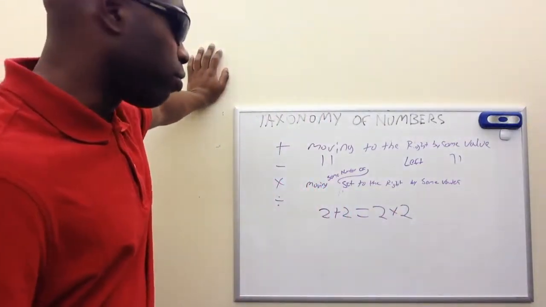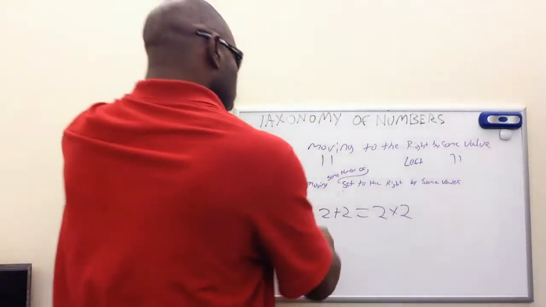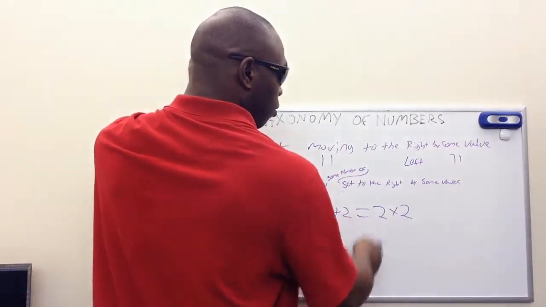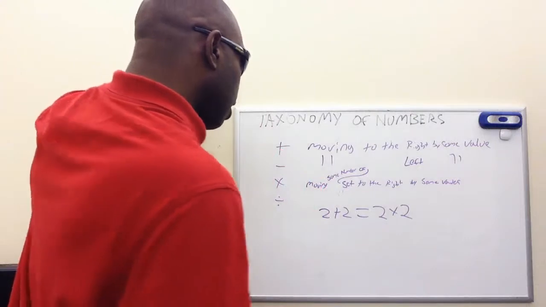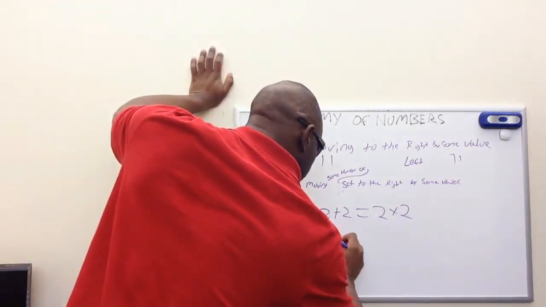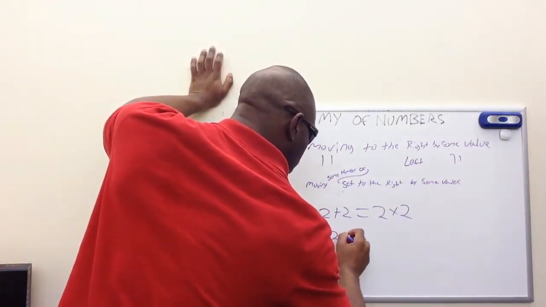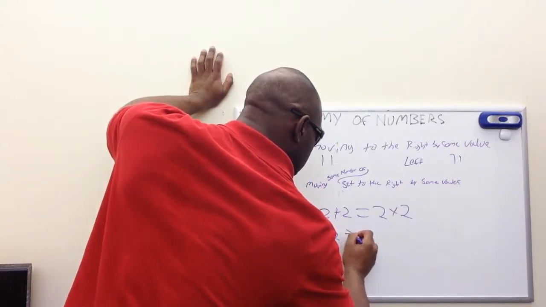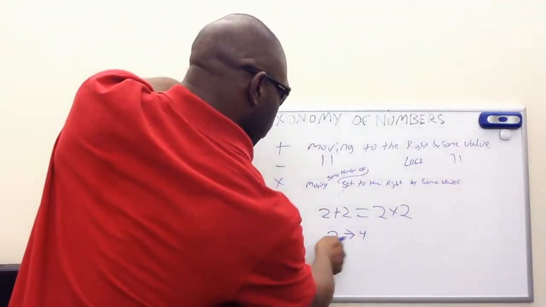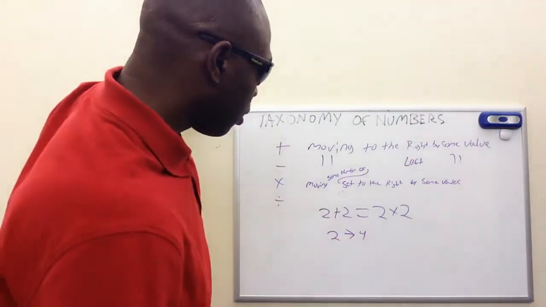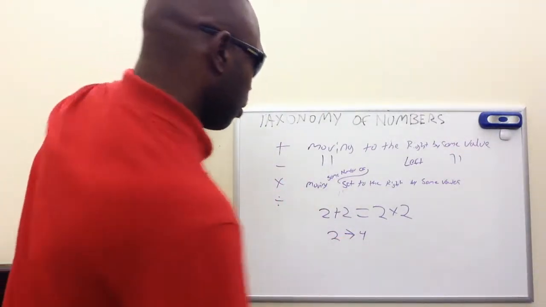It's one of my favorite numbers for that very reason. 2 plus 2 is equal to 4. 2 times 2 is also equal to 4. Division is how many 2's are inside of 4. How many of this number is inside that number? That's the foundation of division.